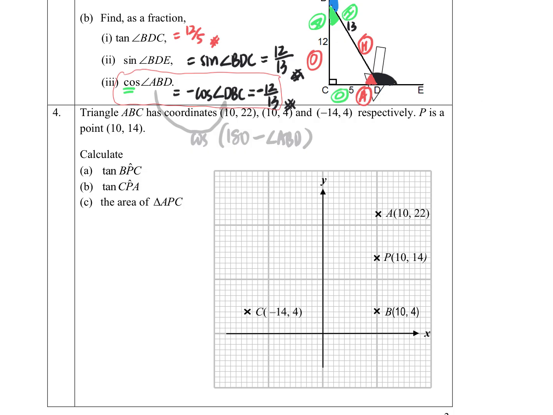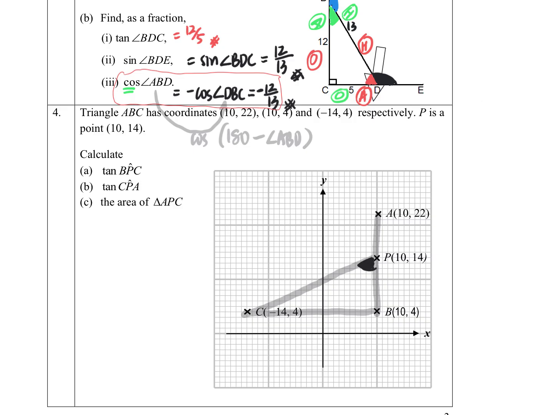If they don't draw the triangle for you, you can draw your own, no problem. Depending on what they want. So they want BPC. Okay, so this is the triangle. The angle that they are identifying is this one.